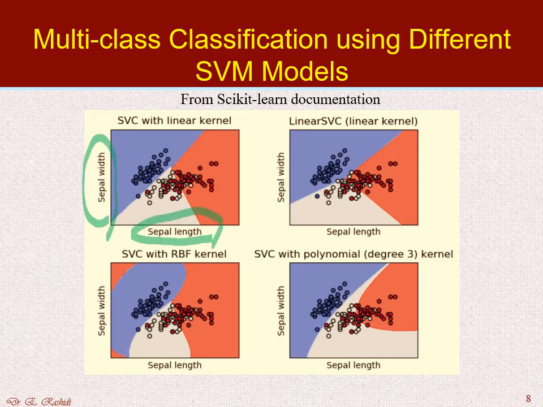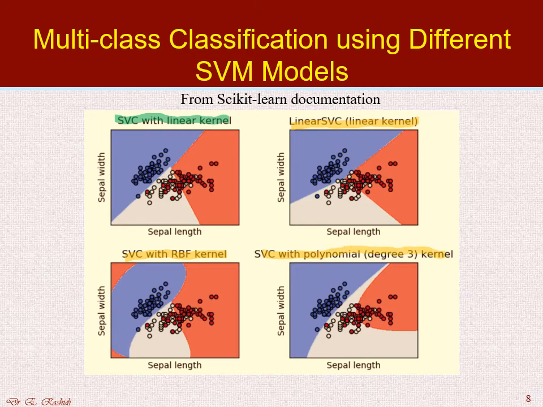So we ignore the petal length and petal width for illustration purposes only. Here we have 4 different models: the SVC with linear kernel, linear SVC, which has a linear kernel, and the SVC with RBF kernel and SVC with polynomial 3-degree kernel.